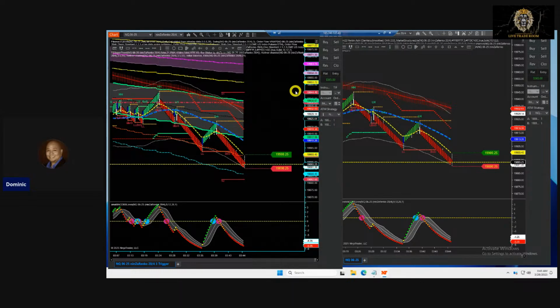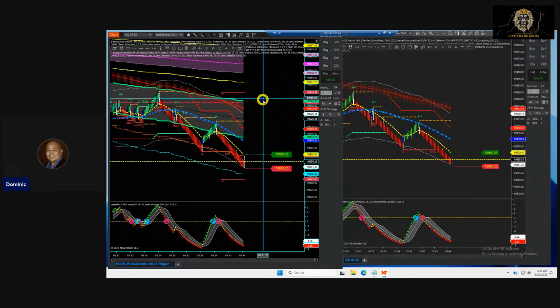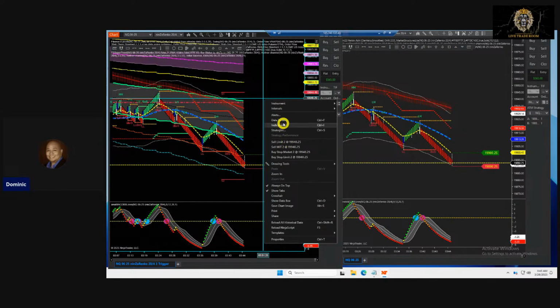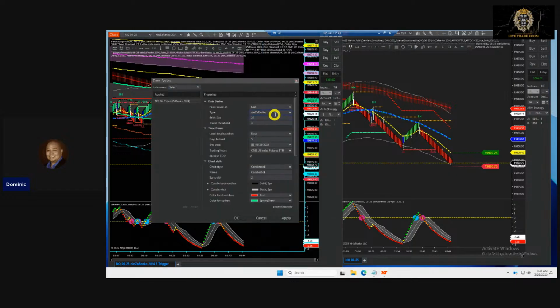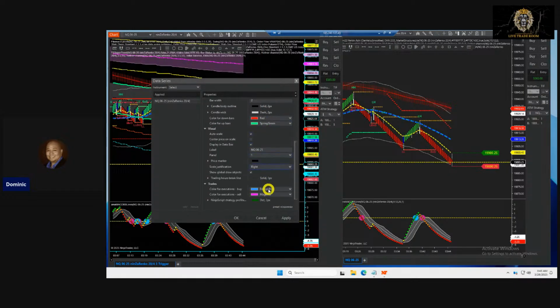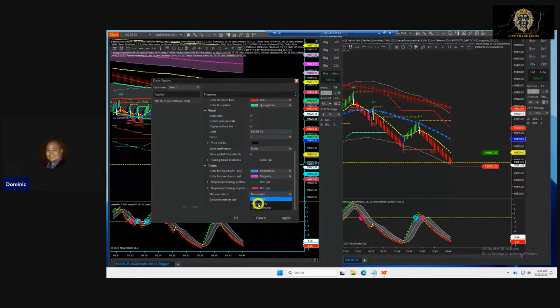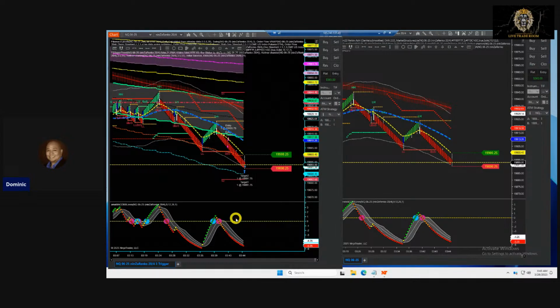Target filled. Okay, I was in the middle of a trade. As you saw, it's set up. You can see where I got in here, right there.